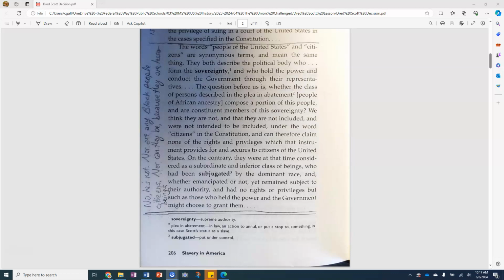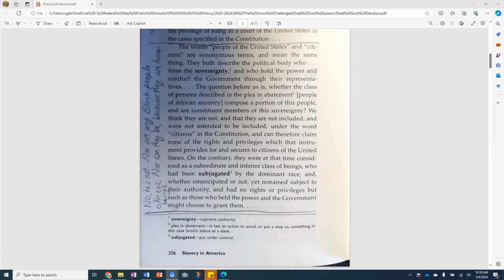So think back to when we were reading a little bit about the Constitution, right? And we were reading the Declaration of Independence. And those documents talk about everybody being equal, right? Our rights coming from God. He's saying, well, if you're included in the citizenship, if you're the white people, yes, that's the case.